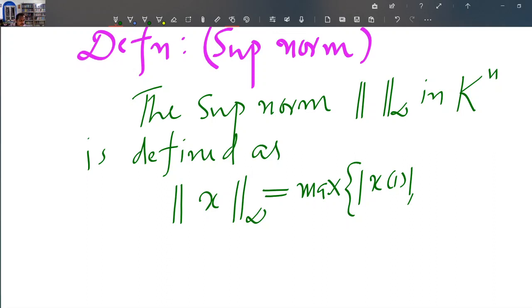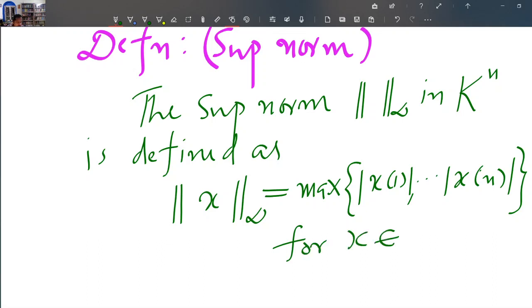Therefore, it is equal to the maximum of modulus x of 1, modulus x of 2, etc., modulus x of n. We are just taking this quantity as the maximum of the coordinates. This is the definition of the sup norm for x in Kn.